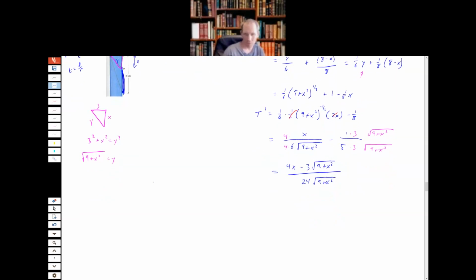So let's look at where t prime is equal to 0 and where t prime is undefined. It's going to be undefined when the square root of 9 plus x squared is 0, which will happen when 9 plus x squared is 0, which will happen when x squared is negative 9, which has no solution.